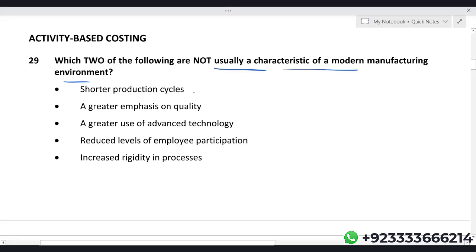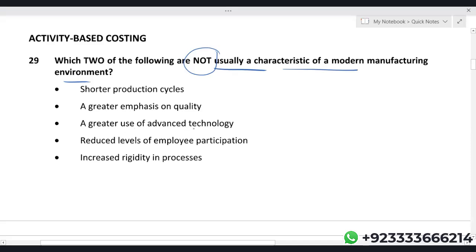Greater emphasis on quality. Yes, it is a characteristic of a modern manufacturing environment. We are required to identify two that are not usually characteristics. So the first two are both characteristics of a modern manufacturing environment.